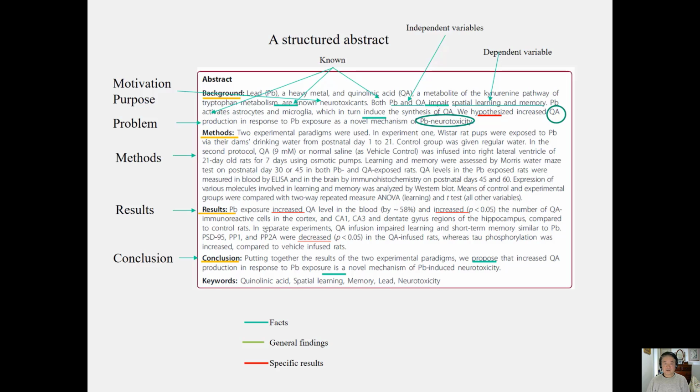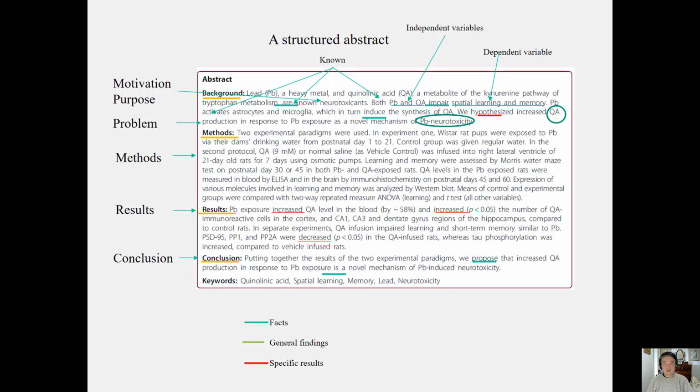In terms of the interpretation of the meaning, most likely you will put it in the conclusion. As you can see here, they say putting together the results of the two experimental paradigms we propose, therefore, this is the conclusion. They conclude that increased quinolinic acid production in response to lead exposure is a novel mechanism.